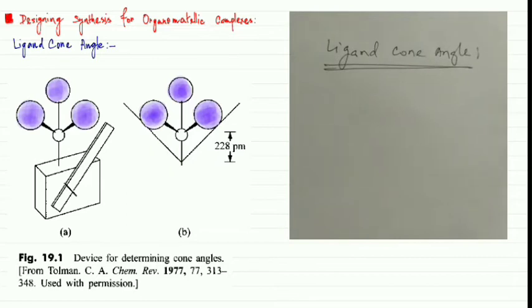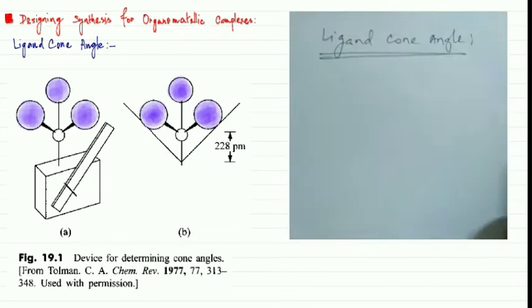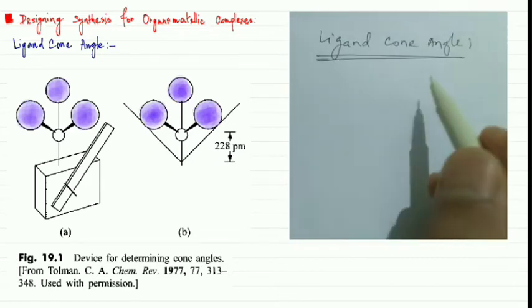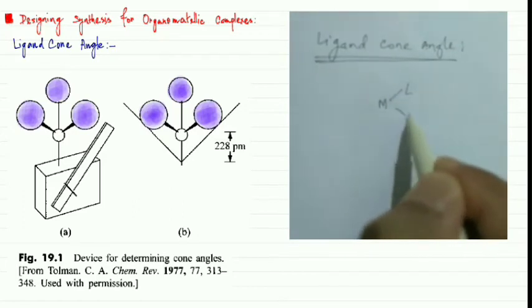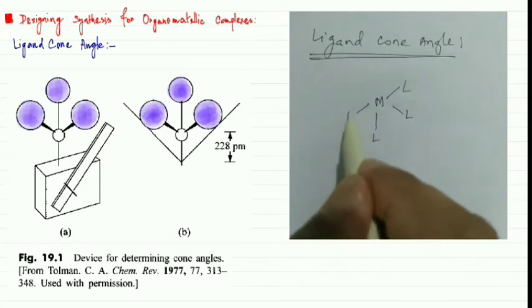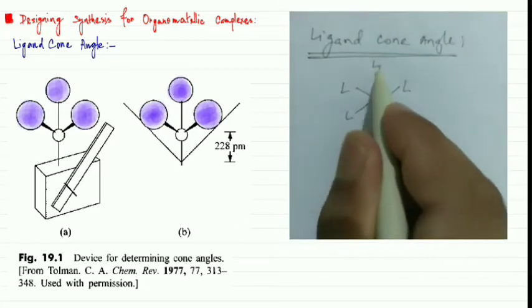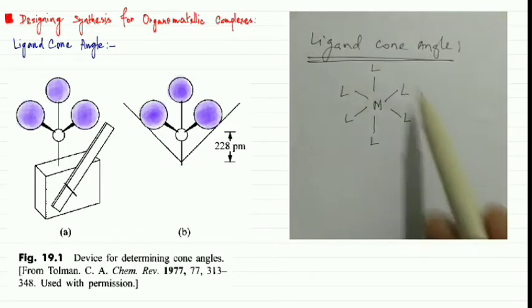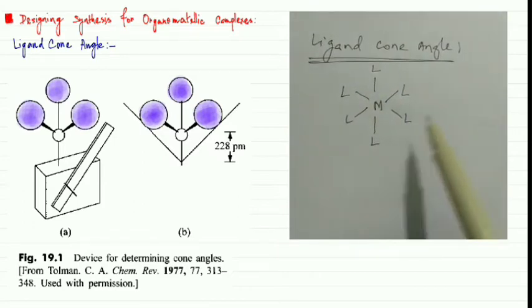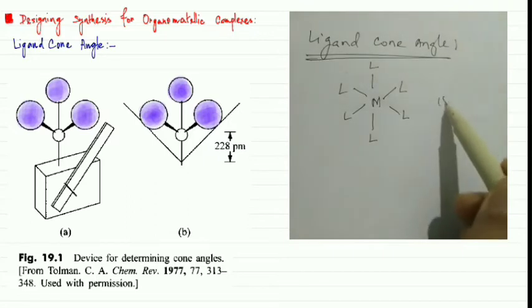Let us suppose an organometallic complex, a metal, and suppose 6 ligands are there: 1, 2, 3, 4, 5, 6. Let's suppose this complex follows the 18 electron rule.